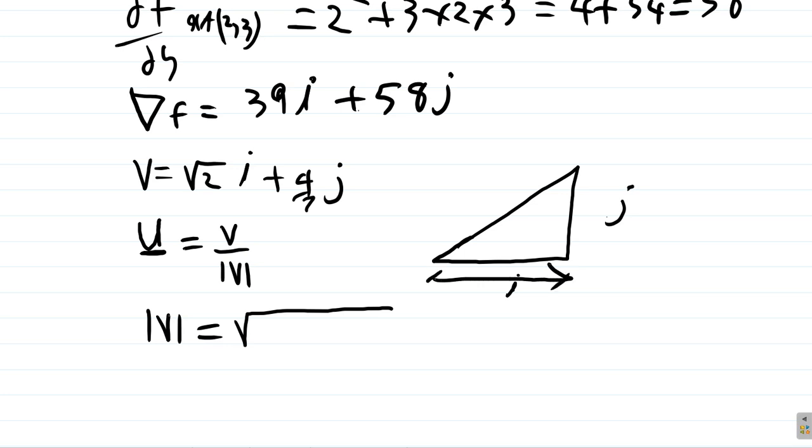The size of this vector is square root of 2, and the size of this vector is 4 over 7. Alright? So here now, we have a right angle triangle. This is the hypotenuse. So this is the square root of 2 squared plus this other side squared, 4 over 7 squared.